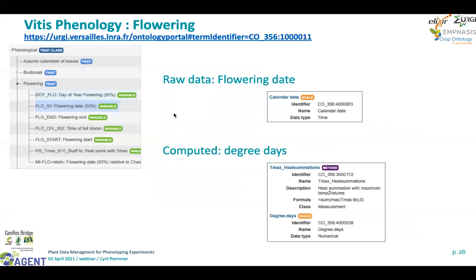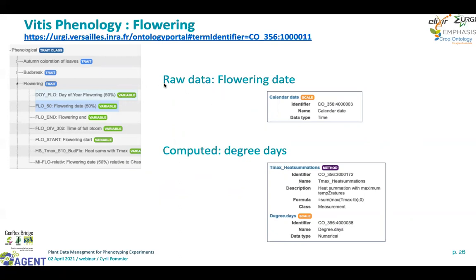And this can go very far with this final example from the Vitis ontology, in which you see that for the trait flowering, you've got a lot of different variables. You could even have a variable to record phenology following the BBCH scale.